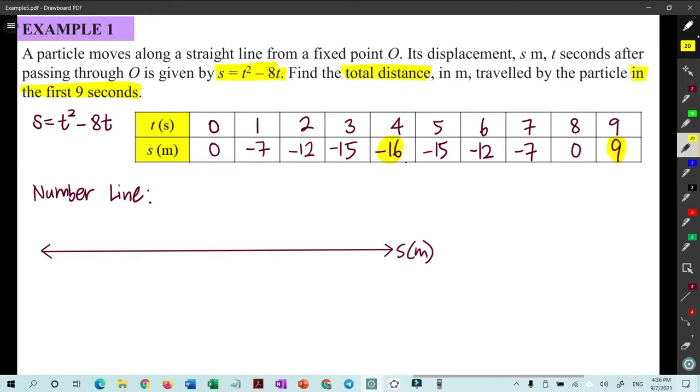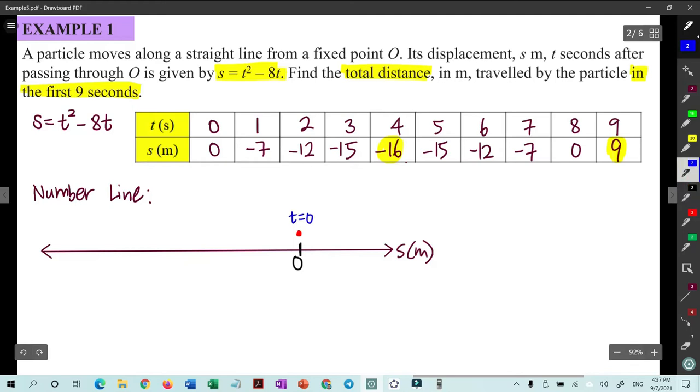So we have more values on the left hand side. Therefore, I'm going to put the origin further towards the right. So right here, this is the origin, and the particle is initially moving towards the left, and then it made a U-turn, and after that it moves towards the right.